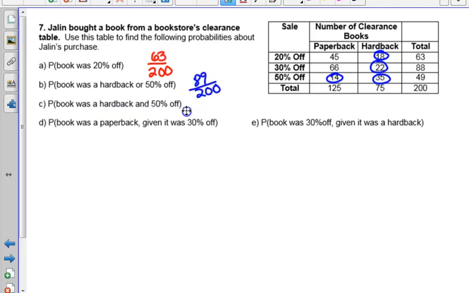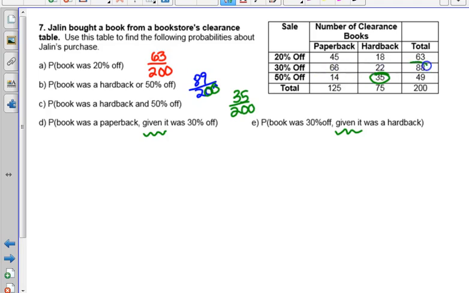Okay, was a hardback and 50% off. That's just the 35 out of 200 that's in that one box right there. Okay. Guys, when it says given, that tells you the denominator. Okay? So was a paperback given it's 30% off?